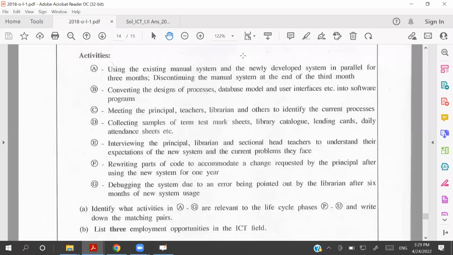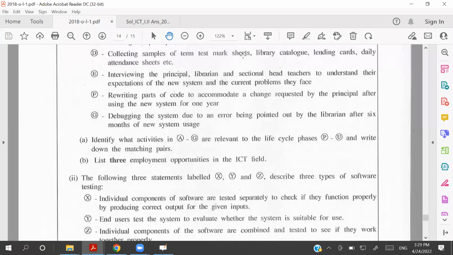If all your answers are correct in that section, take a bonus 0.5. So it will give you 4 marks. And in the second one, they are asking for 3 employment opportunities in the ICT field. So for stating 3 employment opportunities, take another 3 marks. So 4 plus 3 is 7.